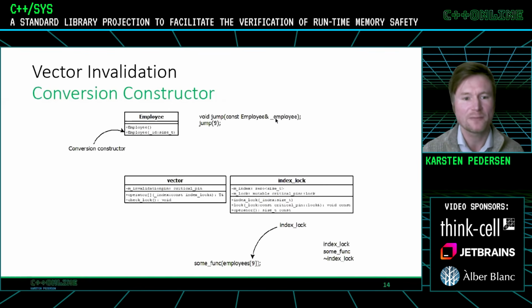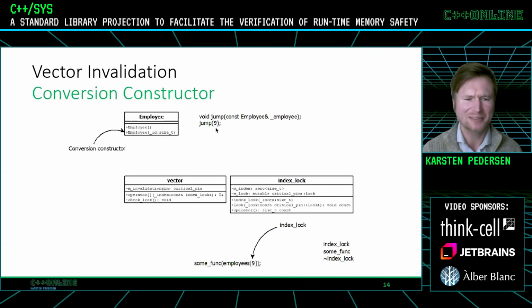So conversion constructor, let's cover a couple of things. So let's start with just employee. With the employee constructor, we'll ignore this one, but effectively this version takes a size_t as its ID. This is the conversion constructor, which means for this jump function, which takes an employee, essentially, you can just pass in 9 into it instead of an employee with a constructor of 9.